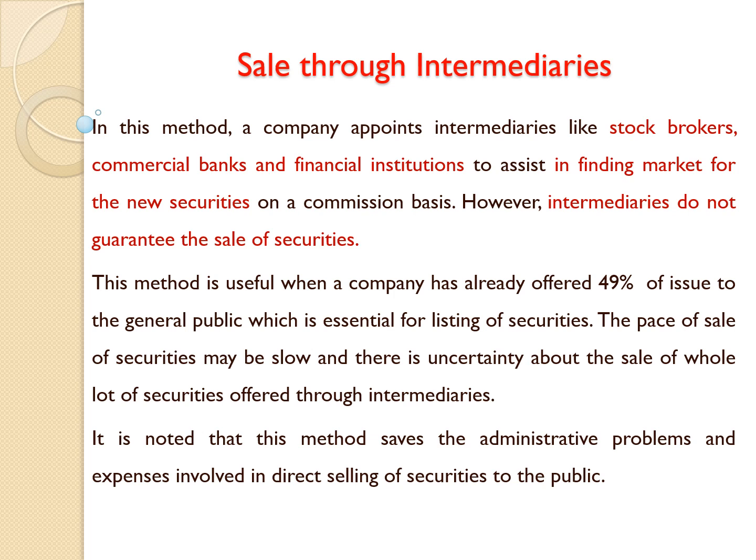However, intermediaries do not guarantee the sale of securities. This method is useful when a company has already offered 49% of the issue to the general public, which is essential for listing of securities. The pace of sale of securities may be slow. There is uncertainty about the sale of the whole lot of securities offered through intermediaries.